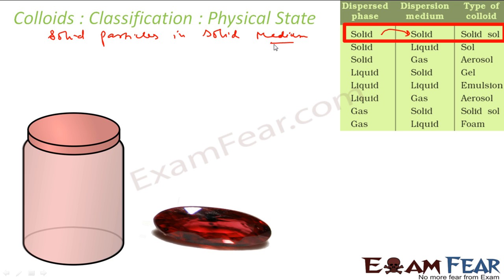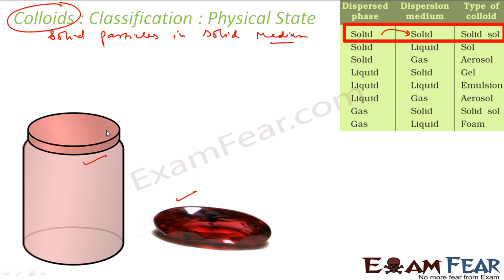The example is the cranberry glass. This is cranberry glass, the ruby glasses, gemstone. These are all examples of colloids where I have solid particles. This cranberry glass has gold particles, I think. These particles are dispersed in solid because the glass is solid.